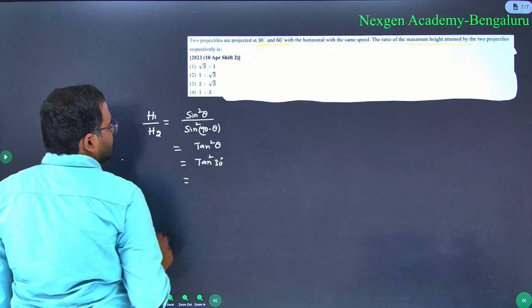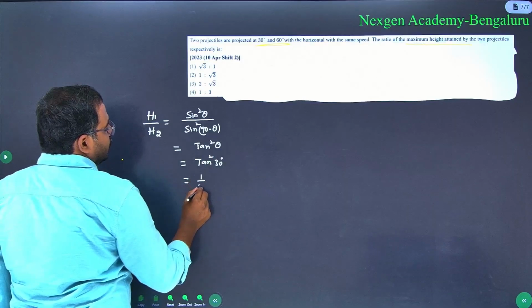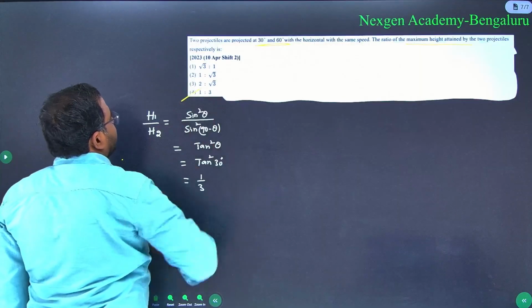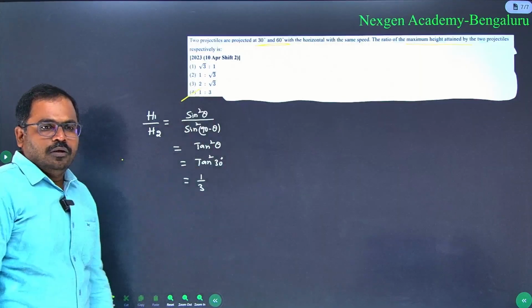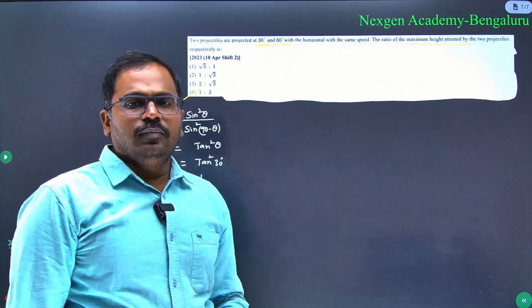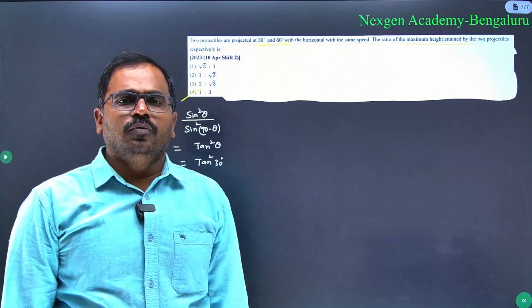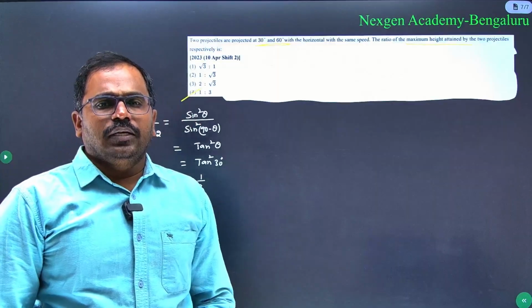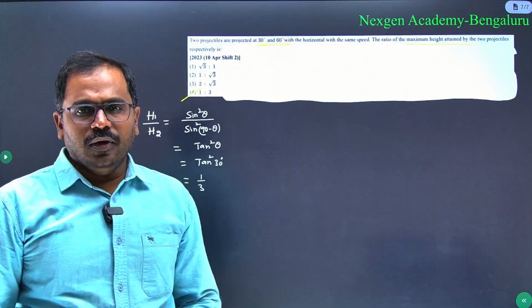Tan 30 is 1 by root 3, whole square, it becomes 1 by 3. So option 4 is the correct one. Clear? So these are some questions on projectile, that too oblique projectile.